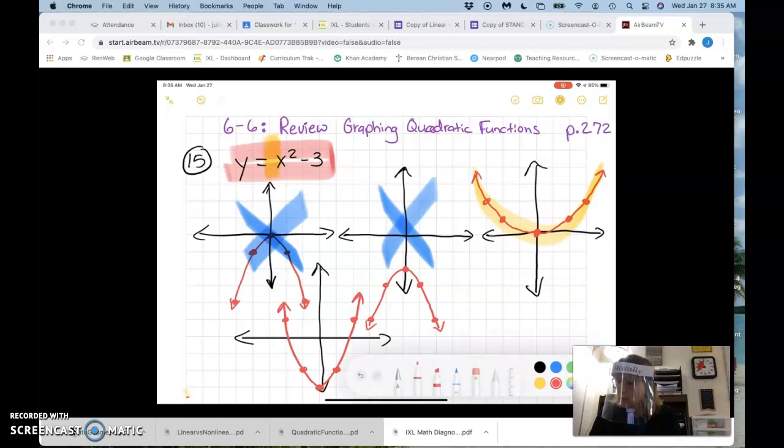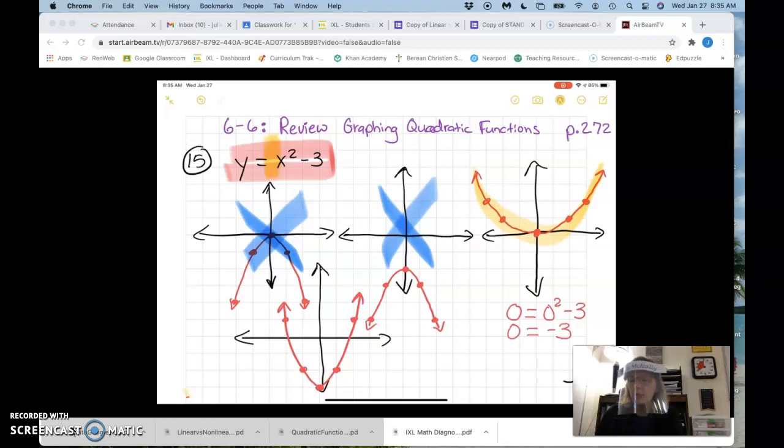So let's do 0 first because that's easy. So if I put 0 in for x, y equals 0 squared minus 3, I get 0 equals minus 3. Is that true? No, 0 does not equal minus 3, so it looks like this one is not right. But let's check this one down here just to be sure.